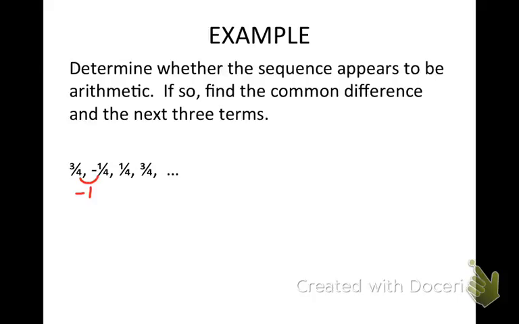Then how do I go from negative 1/4 to positive 1/4? If I add 1/4, that would get me to 0. Add another 1/4, and it would be a half. So do I need to go any further? No. So is it arithmetic? No.